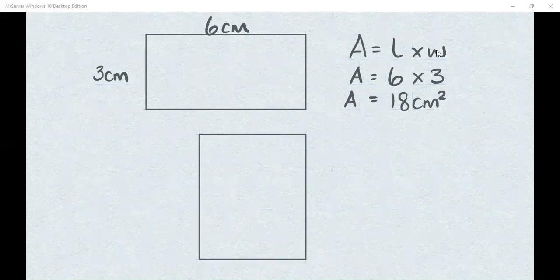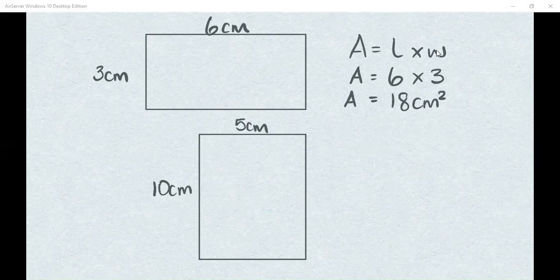Now this time I'm going to tell you that my length is, let's say, 10 centimetres. So I've got 10 centimetres for my length. The width is going to be 5 centimetres. Now, we don't have any squares in here, so it's not drawn to scale. So we're going to have to use the information that they have given us in this question.